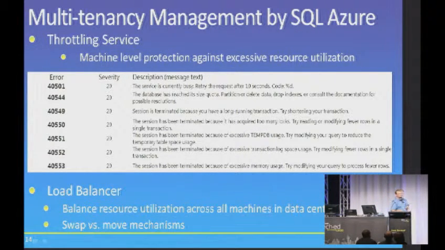If after a certain period of time there's still high resource utilization, perhaps someone has a Cartesian product or a really bad runaway query, we'll terminate that query just to protect the other tenants on that box.